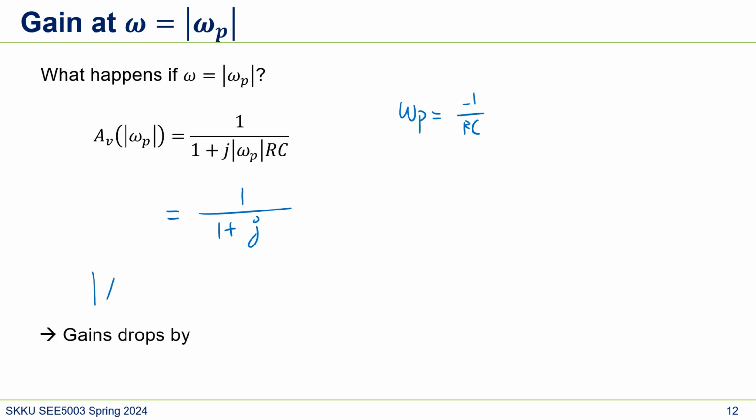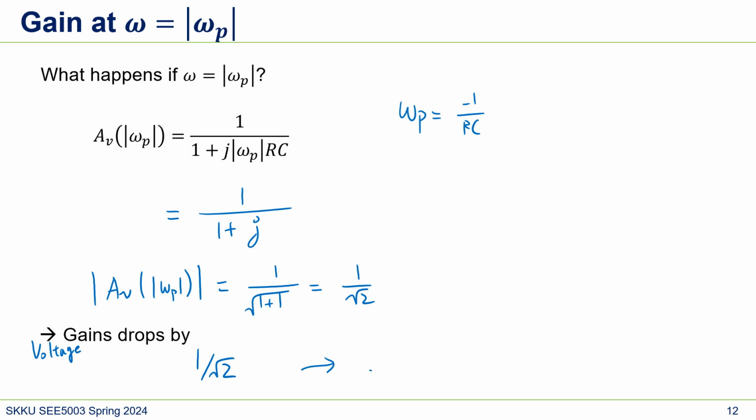And then the magnitude of our gain is 1 over root of 1 plus 1, so it's 1 over root 2. So the gain drops by 1 over root 2. This is voltage gain. It corresponds to minus 3 dB gain. I mean gain magnitude, which is power gain, right?